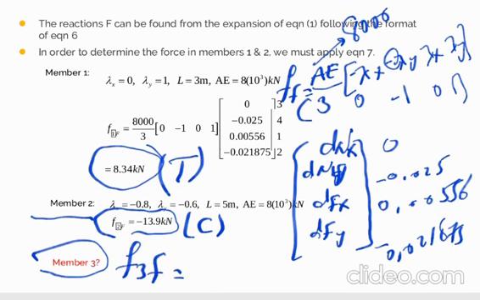It equals 11 kilonewton tension. So here we have already finished examples 1 and 2, and shown you how we can solve for force by the stiffness matrix. Thank you for kindly watching and listening. Thank you so much.